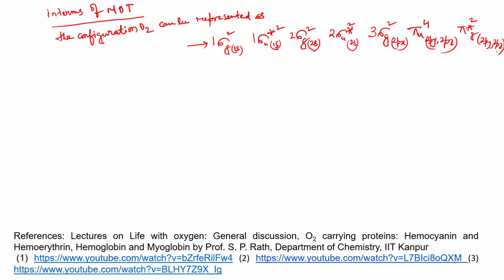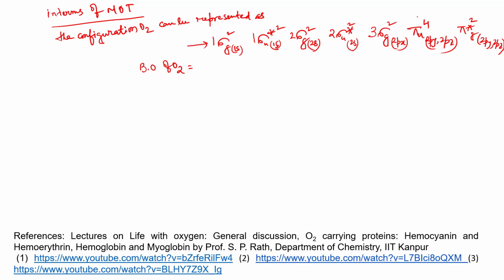Thus, from this configuration we can easily find out the bond order. For the bond order of O2, first we have to count the bonding electrons. All the pi u and sigma g electrons are bonding electrons.